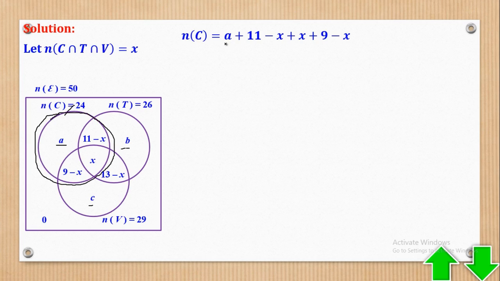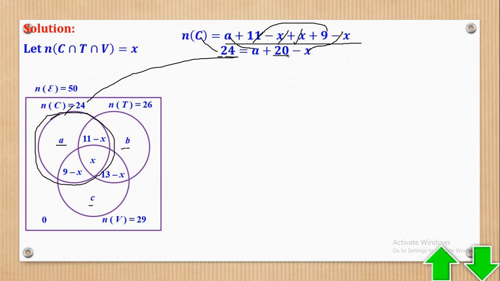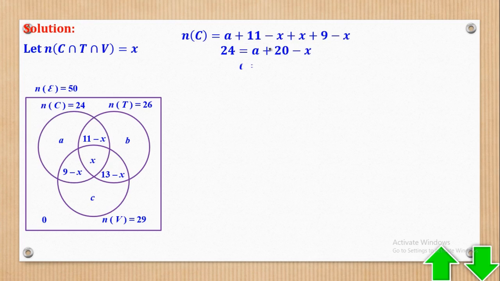So I'll say A plus 11 minus x plus 9 minus x equals 24. When I simplify this side, it will be 24. Then this A is there, this x is this, because this and this cancel. Then 11 plus 9 is 20. Simplify further, A will be equal to 4 plus x.